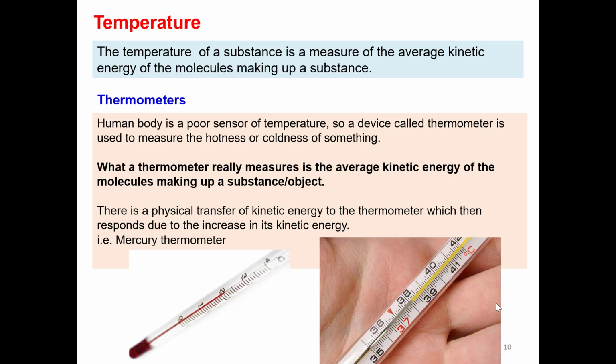In this example, we have the mercury thermometer, which is not used much now, and the alcohol thermometer. The property that responds to the change in kinetic energy is expansion. When there is a change in kinetic energy, the mercury or alcohol expands, and this is how we can measure the temperature of that object.